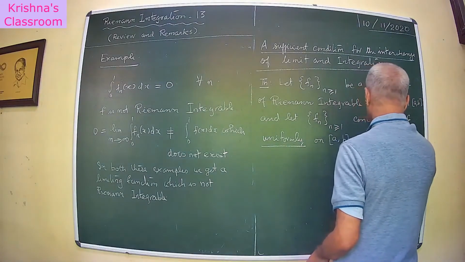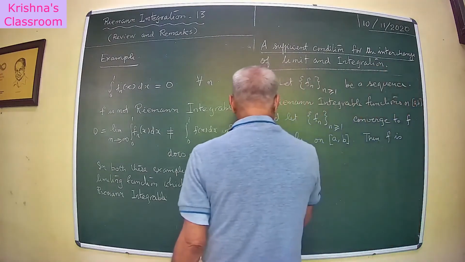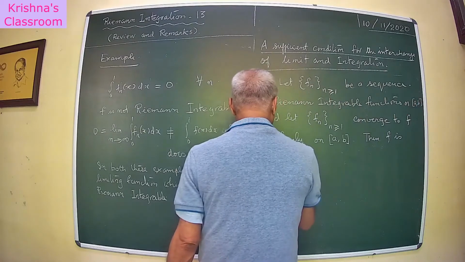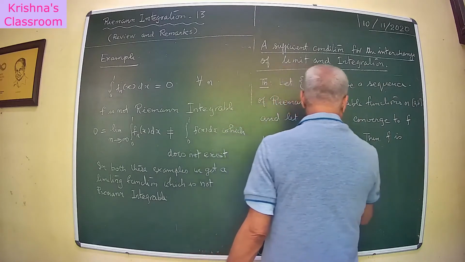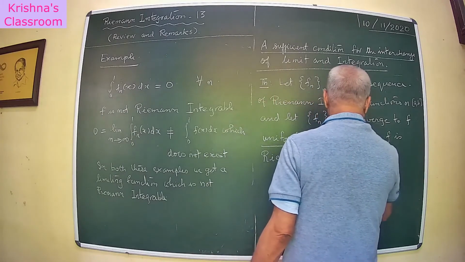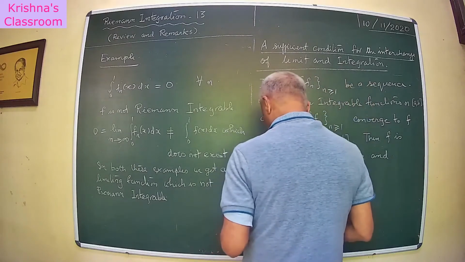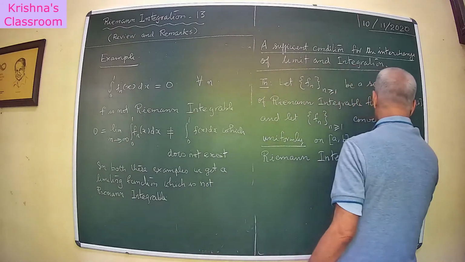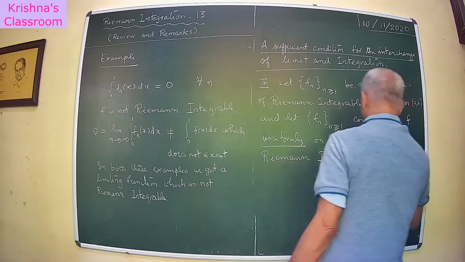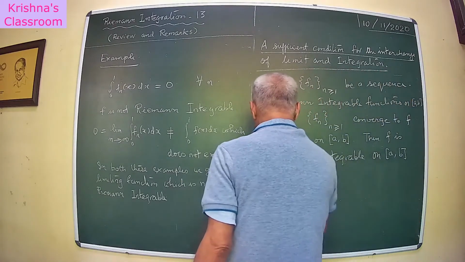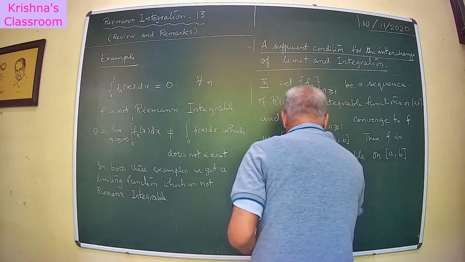Then f is Riemann integrable and the limit of the integral from a to b of f_n equals the integral from a to b of f.